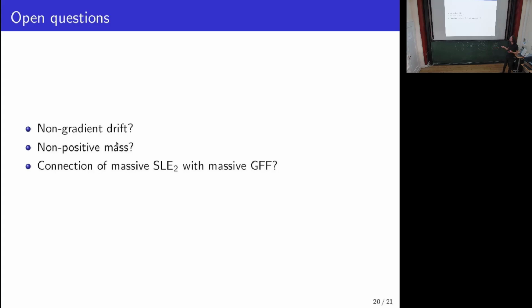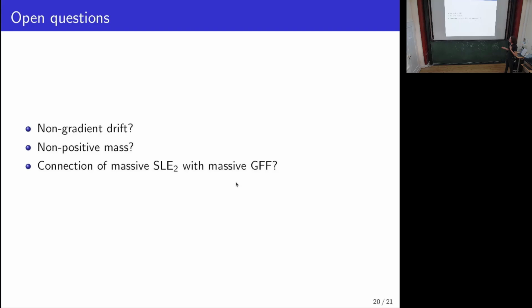I think non-positive mass is doable by connection to branching processes. But there are also some issues in defining what the continuous limit is supposed to mean for non-positive mass. And then the last one is that for SLE4, there's Leonie's paper that connects massive SLE4 very cleanly with the massive GFF.